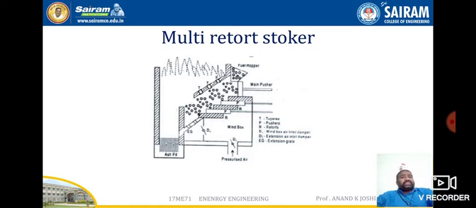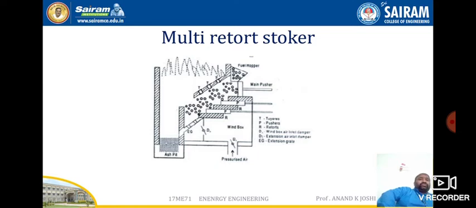So you can see this pressurized air is taken into this entry. Again there will be flow control. This airflow through the retorts is controlled by the air damper provided at the air inlet of the wind box.